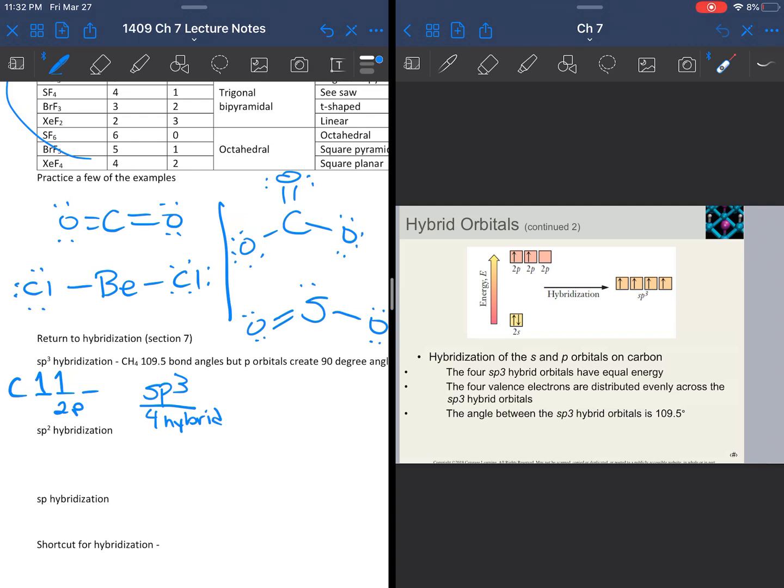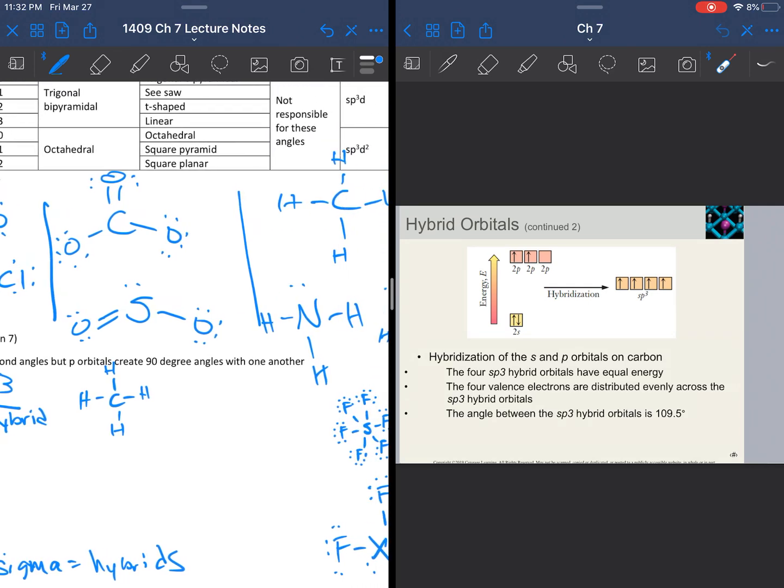You are going to need hybrids for every lone pair and sigma bond. So we're going to keep that in mind down here under shortcut: lone pairs plus sigma bonds. That's how many hybrids we need. Now, when we think about something like methane, it has its 4 bonds.